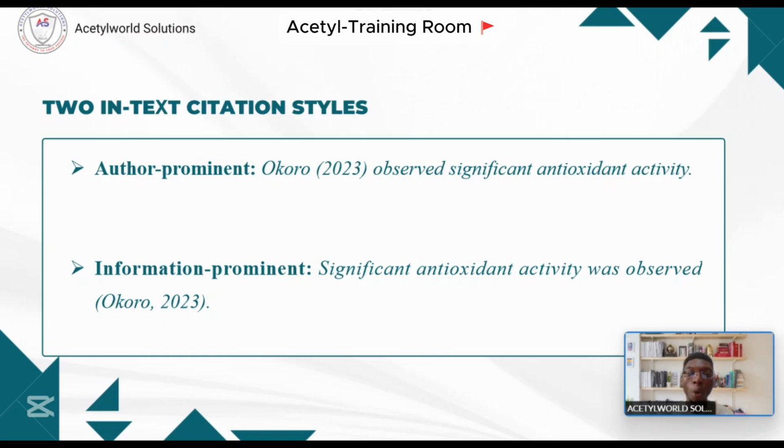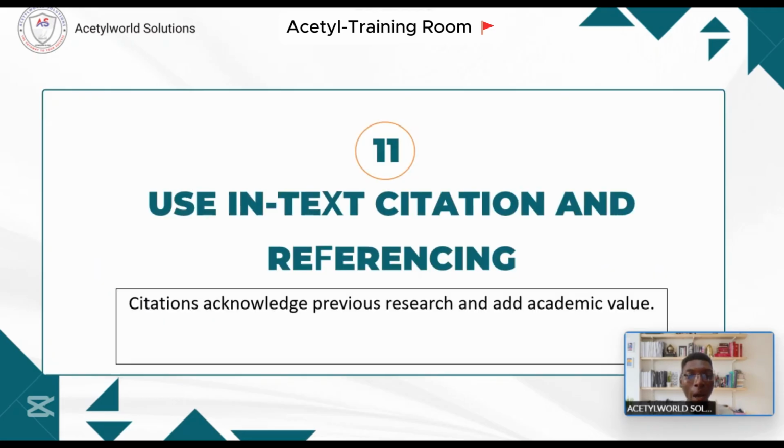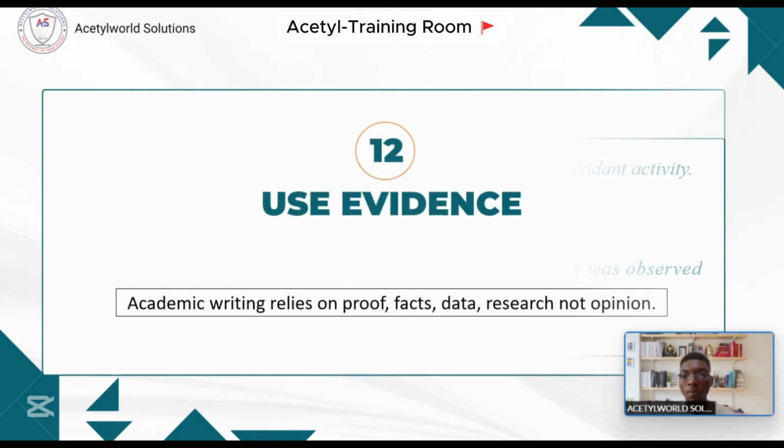For example, "Okoro observed significant antioxidant activity." That's author prominent. Or "Significant antioxidant activity was observed (Okoro)." That means this information is from Okoro. During our referencing class, I will explain very well on in-text citation and referencing.